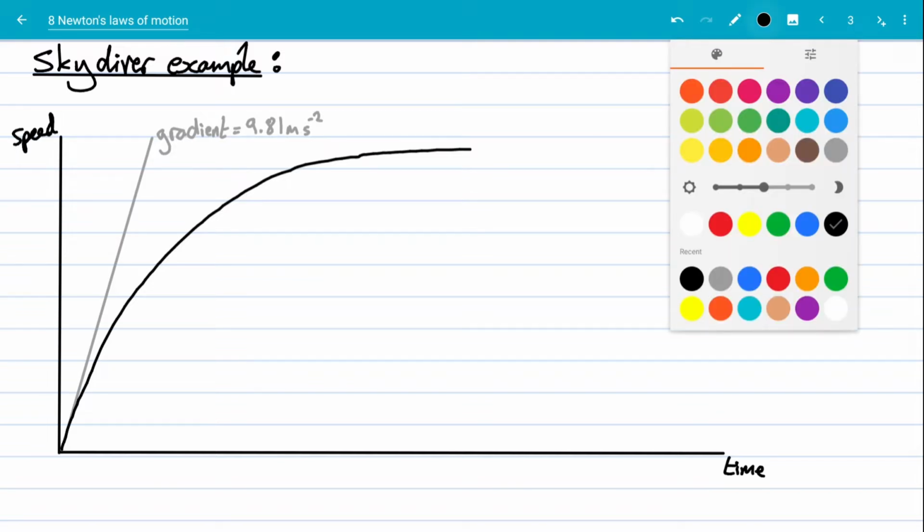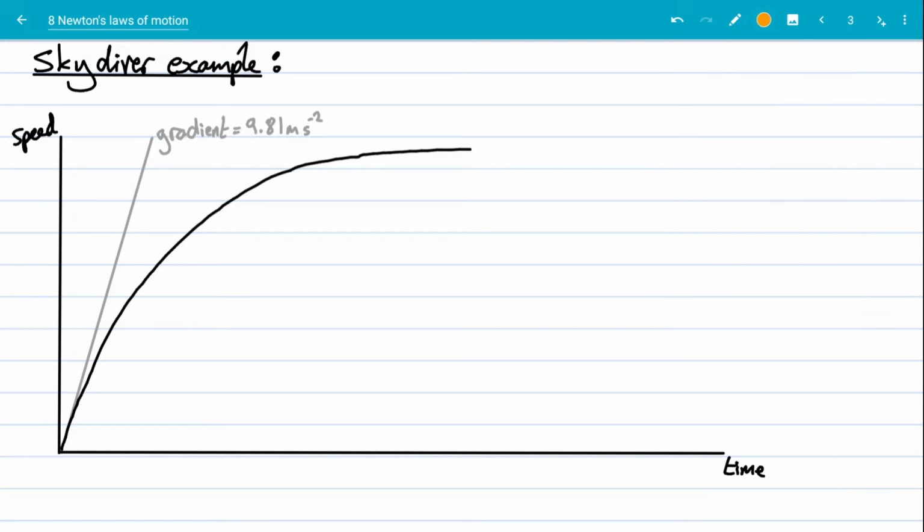So we've got different stages here. We've got stage 1 all the way down here. And this is where the velocity is equal to 0. In that case, the resultant force is equal to the weight, and therefore the acceleration is equal to g. The air resistance in that is 0.